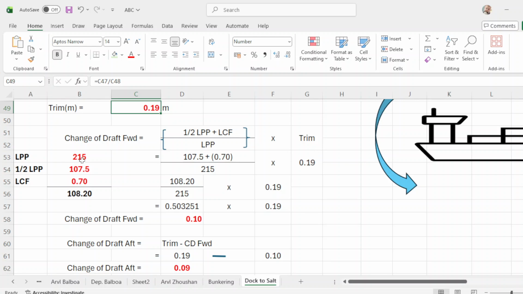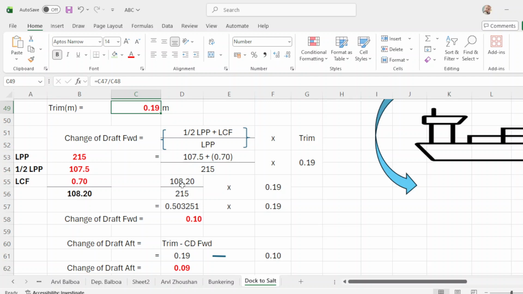So your LPP is 215, your 1/2 of 215 is 107.5. It says here 1/2 LPP plus LCM. So you add these two, that will be 108.2. Okay, that will be this one over LPP of 215. Divide this one, that will be 0.503251. Multiply with your trim, and that will be 0.10.